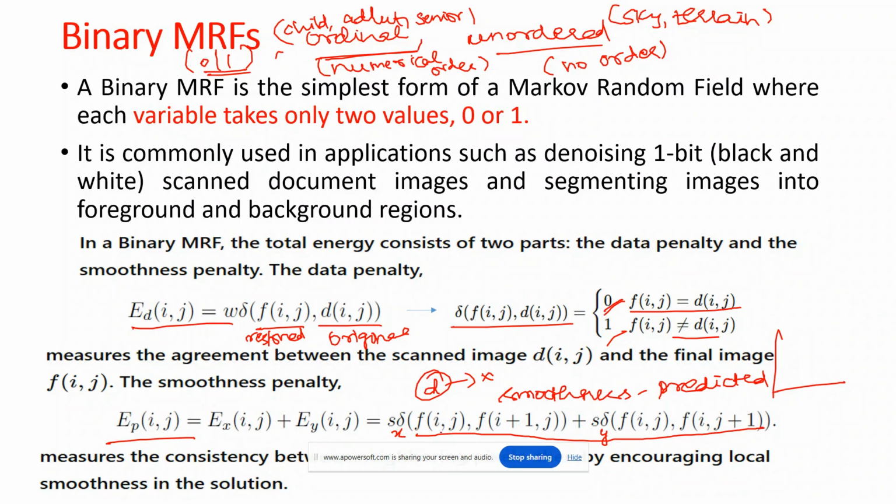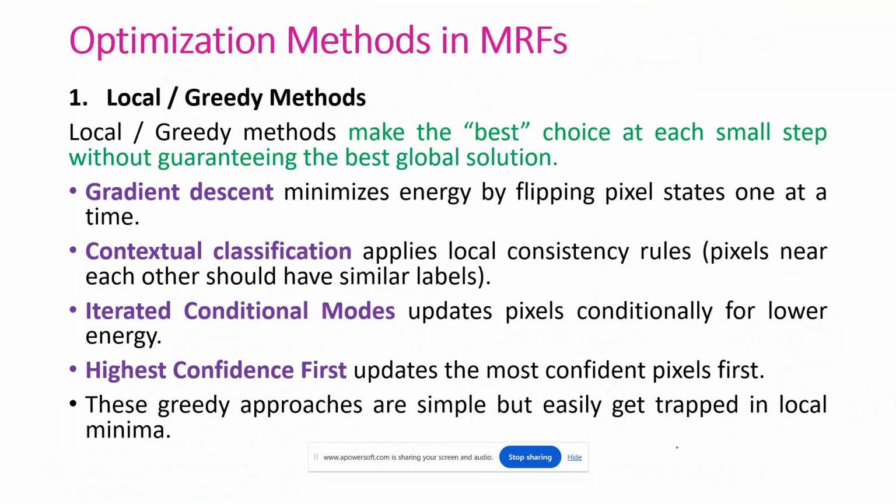So Sx delta f of (i, j): in the case of horizontal, only i will be changed, so f of (i+1, j). In the case of vertical, i remains constant and j changes. So Ex plus Ey, we need to find the compatibility like f of ij and f of (i+1, j), and f of ij and (i, j+1).